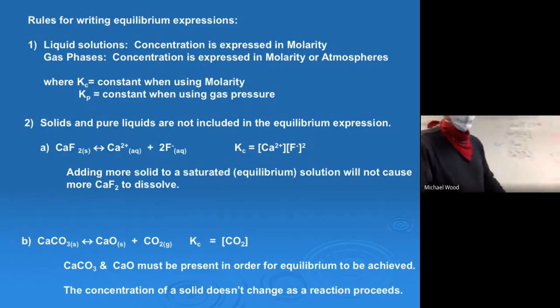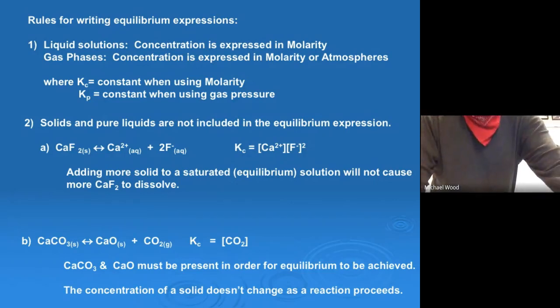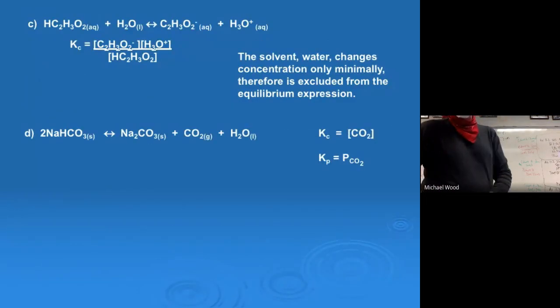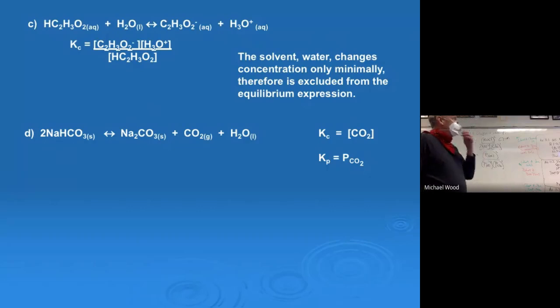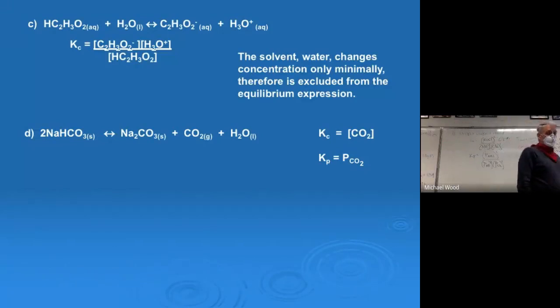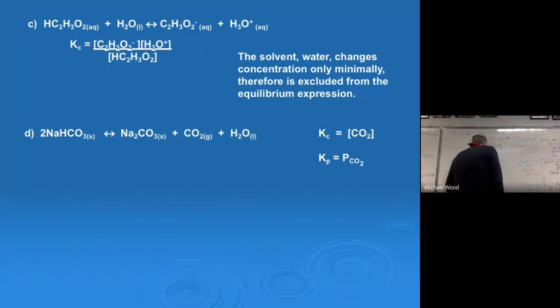And here's a couple more, just because this is an important concept. The next slide is going to show you the same thing. So here is a couple more written out. The top reaction, letter C, is acetic acid. And when I see that, I immediately think we have talked a little bit about acids and bases, but acids and bases are a huge thing in AP chemistry.